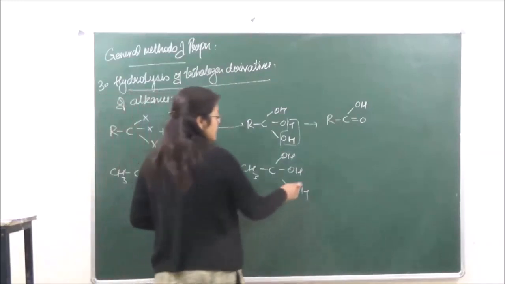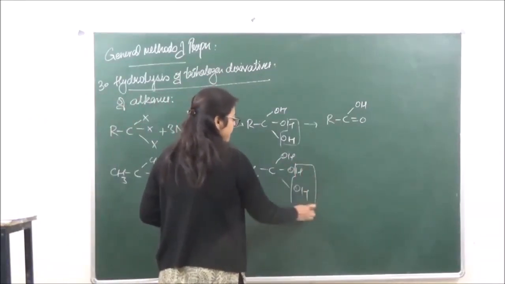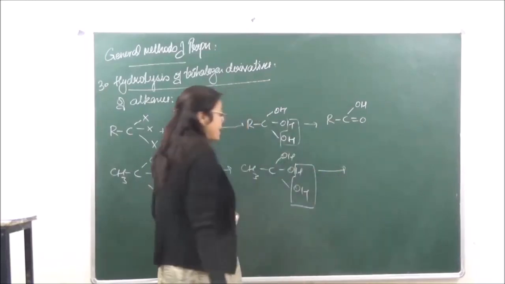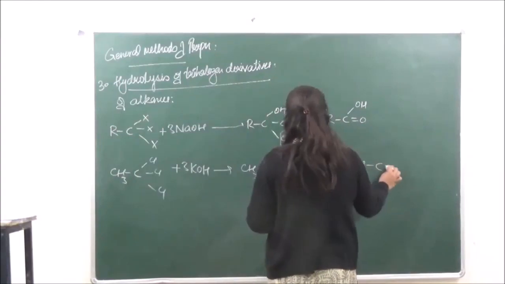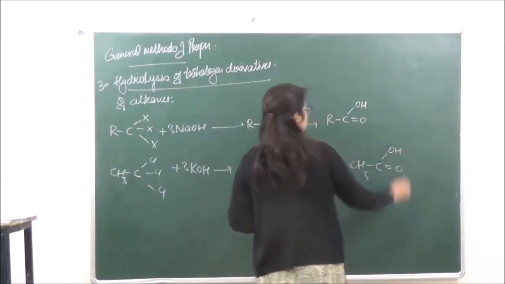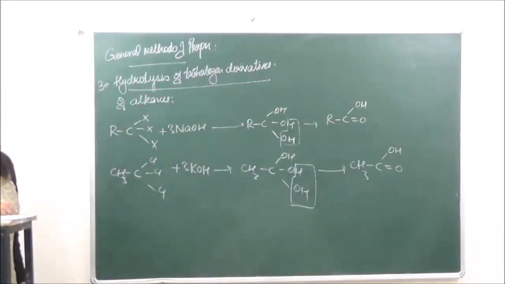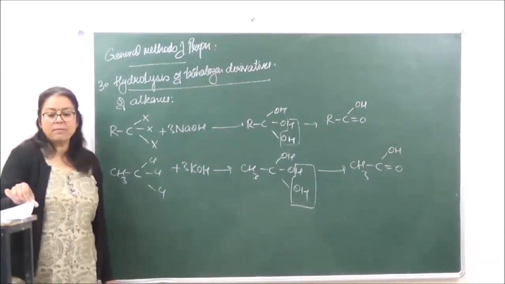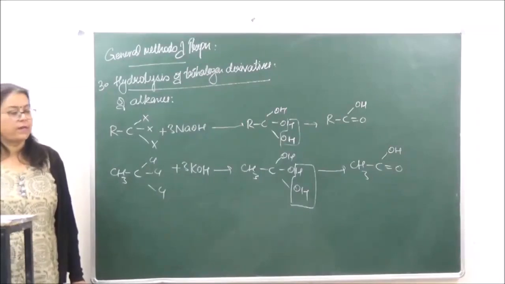And this is going to lose one water molecule over here to give us the respective acid. Okay? So this is how acids can be formed by hydrolysis of terminal trihalogen derivatives.